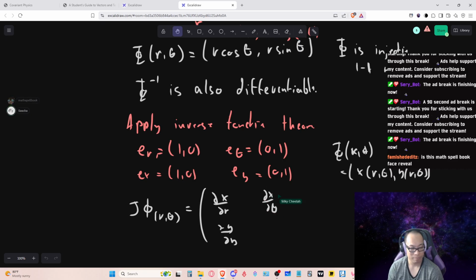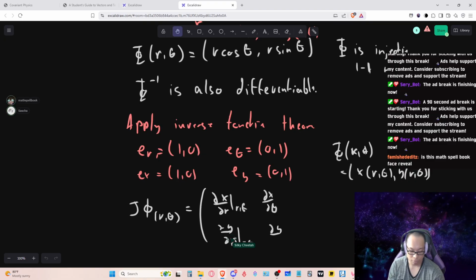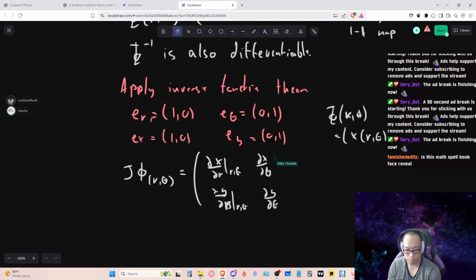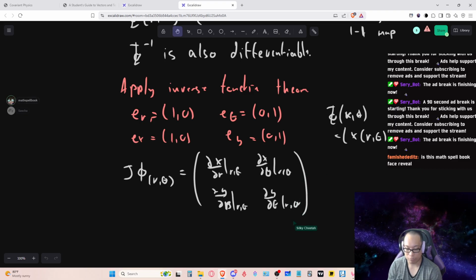And for the other column, you will get the same thing, but for, oops, this is supposed to be an r. Yeah, I think I've seen this in a book too. In these matrices, one of the signs is negative, right? It could be on the bottom or the top one.